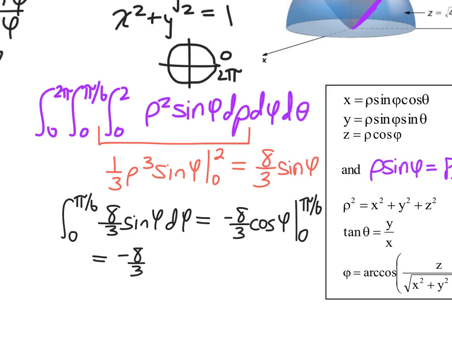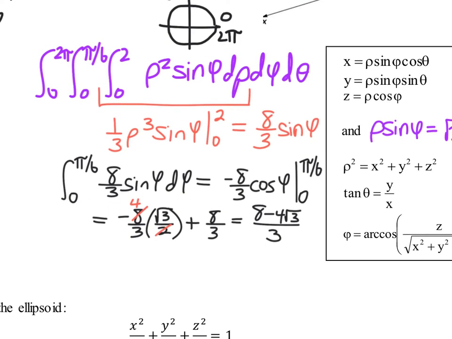So negative 8/3 cosine of pi over 6 is what? Square root of 3 over 2. Minus the negative, which is going to become a plus 8/3 because cosine of 0 is equal to 1. All right, so if I clean it up a smidge, 2 goes into 8 4 times. We're looking at 8 minus 4 root 3 over 3.